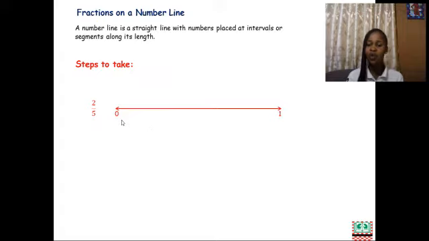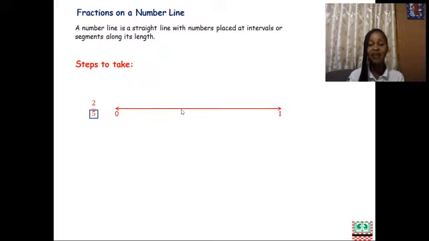Now, after writing your 0 and 1, go and check your denominator. Now, what's the denominator? Is it 2 or 5? It's 5. So we'll divide this line into 5 equal parts.